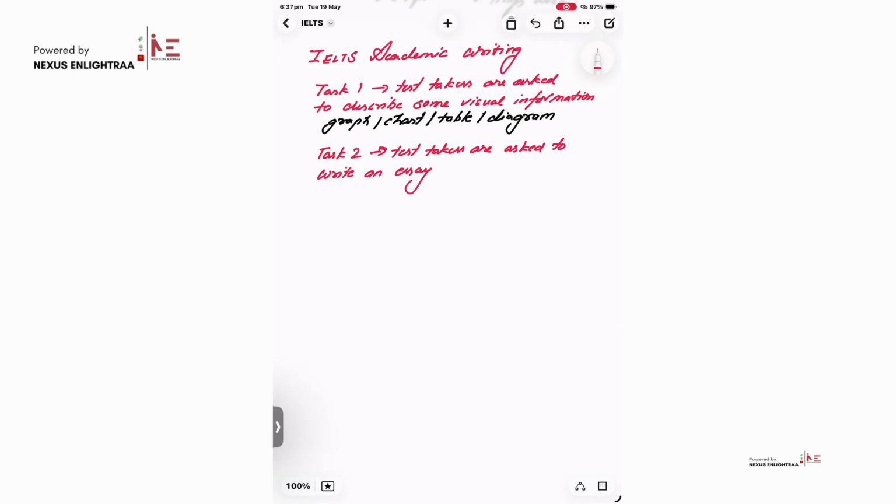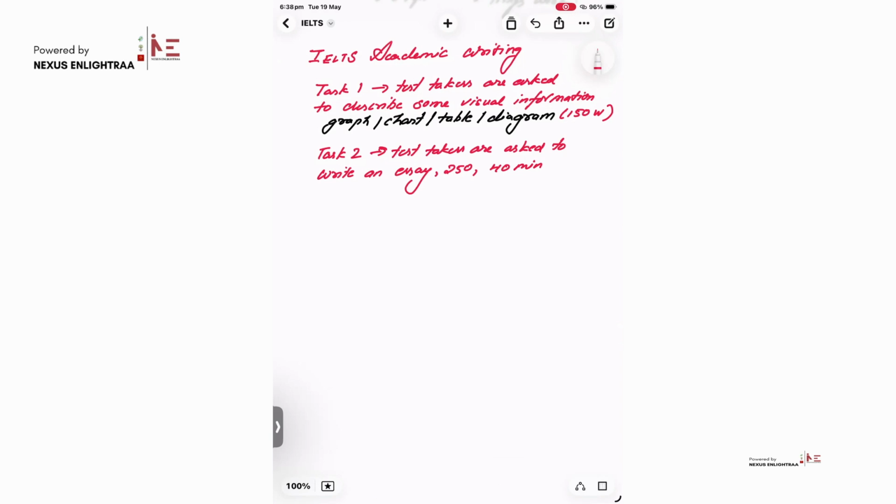And they need to write it for 250 words in 40 minutes. Task one is for 150 words, and they give you about 20 minutes to do this.